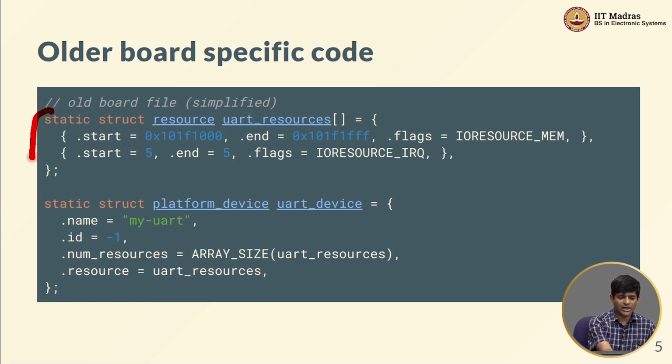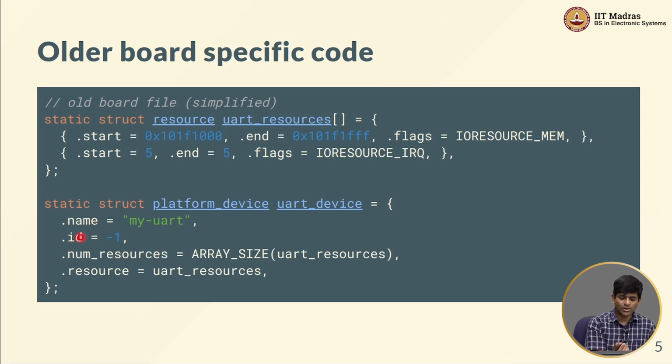All of that is passed in as some kind of an array of different structs that we have over here, right. And finally, what I would do is I would define something called a UART device, which is of the type platform device. Once again, because these are structs, the syntax that we are seeing over here is essentially the named mapping of data to the elements of the struct, right. So in other words, I have something which is name, which is a char star, a string.